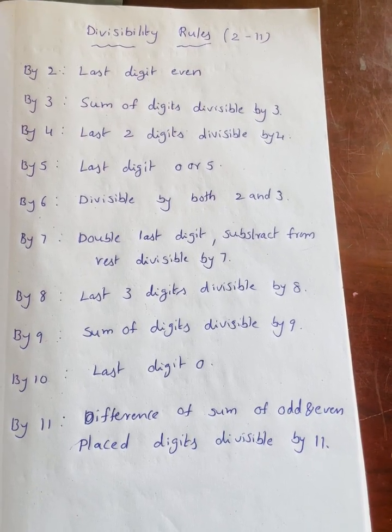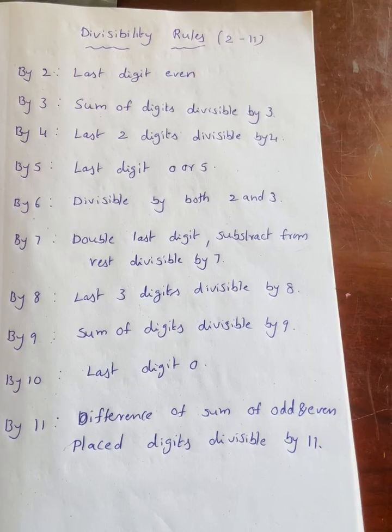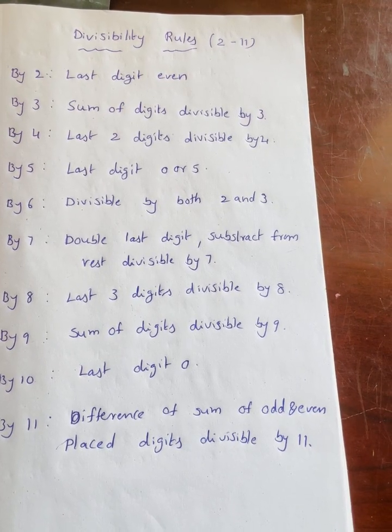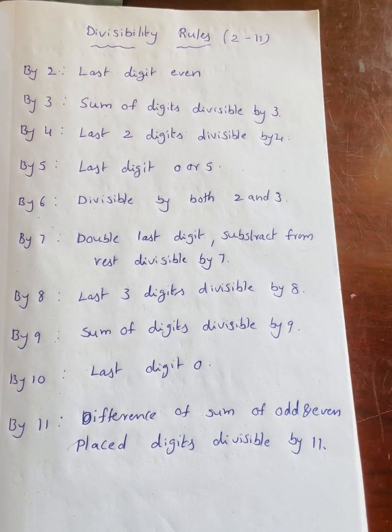The sum of the odd-placed digits: 1, 5, 6 is 12. So this is not divisible by 11.